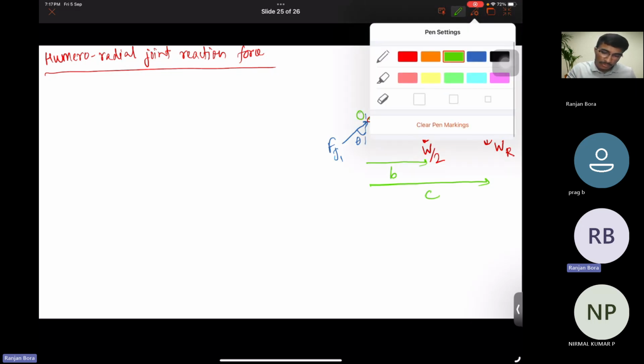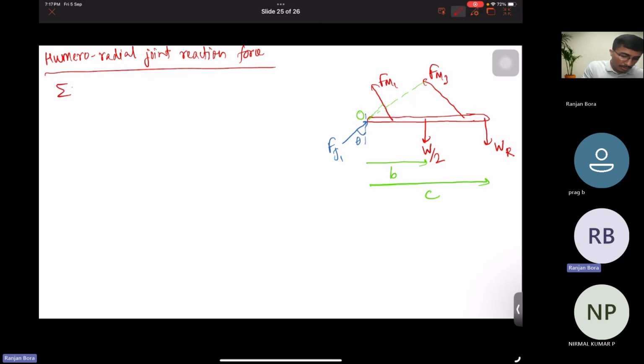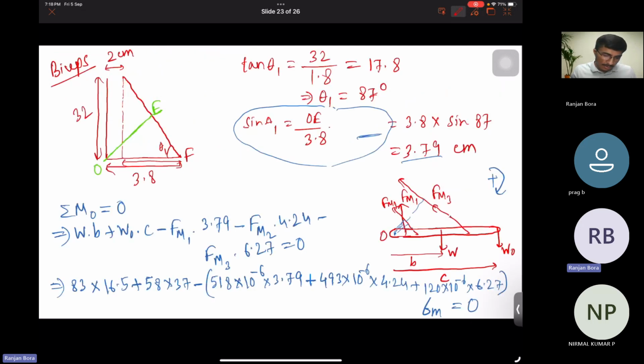So we'll write the moment about O is 0. Again, clockwise is positive, so WR is producing clockwise: WR dot C plus W by 2 dot B minus FM1 dot, what was the moment term for the biceps muscle?